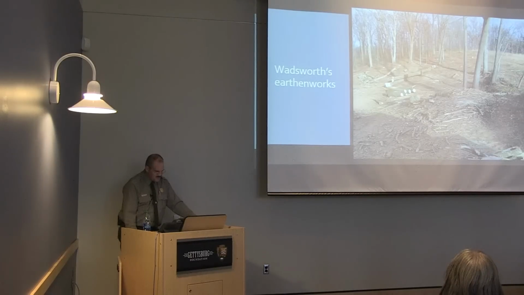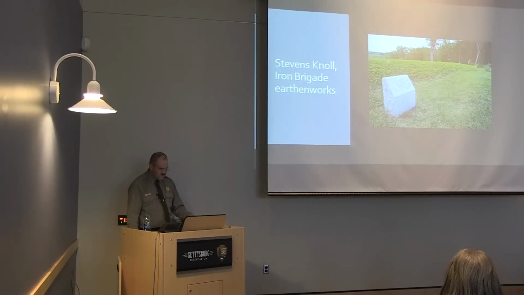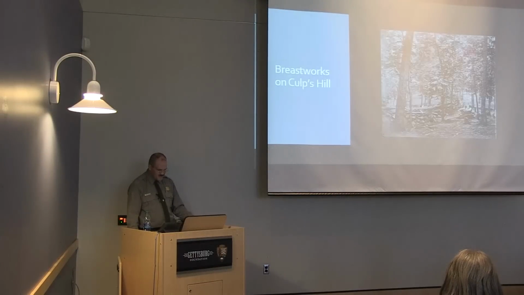So just take your dog and walk through there at some point. And on Stevens Knoll, you can see the Iron Brigade's earthworks. They're still there. They were redug, re-entrenched in the 1930s. But they're where the Iron Brigade left them, overlooking, from Stevens Knoll out towards East Cemetery Hill.